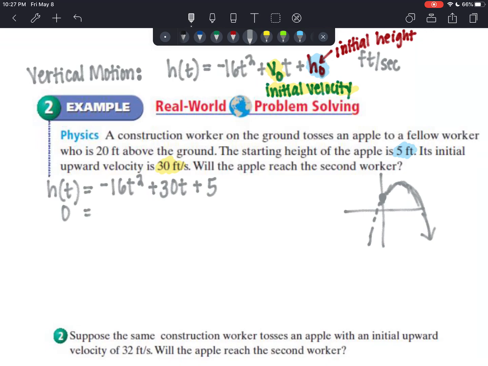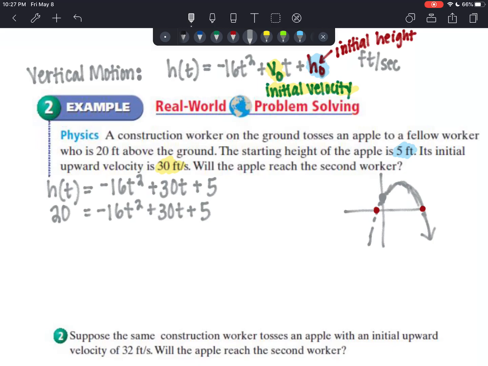But I want to know if it's going to be 20 feet off the ground. When it's 0 feet off the ground, I expect that the discriminant is going to come back with a positive value, giving me 2 solutions. But when I put a 20 in, how many solutions are there? If there's 2 solutions, that means there's 2 times that the object is going to reach 20 feet, once on the way up and once on the way down.